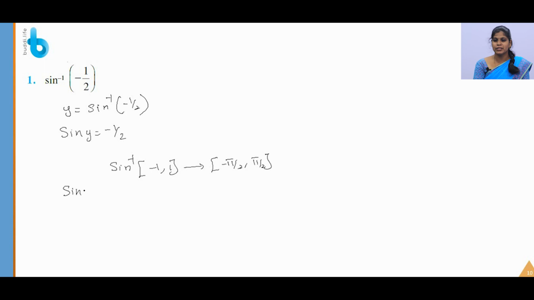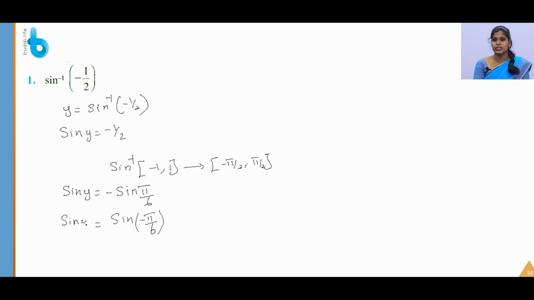So, we will take sine y equal to minus sine pi by 6, since it is minus here. And just now we learned sine of minus theta is minus sine theta. So, this can be written as sine of minus pi by 6. Okay.